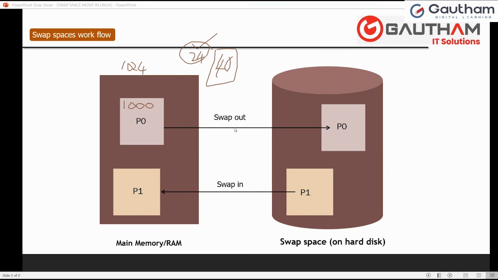Just think one thing. Do you think in the RAM all the processes will be active all the time? Definitely not. There might be many processes that are not active. They're just waiting. Maybe you started an application and left it behind, you're not using it, so your application will go into standby mode.